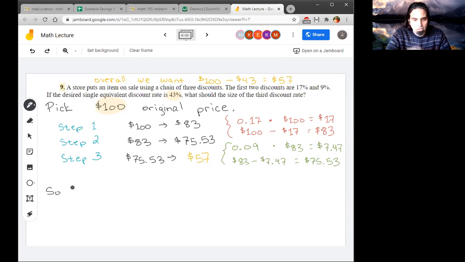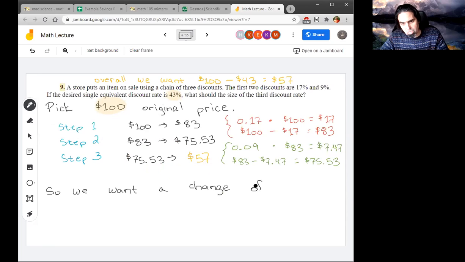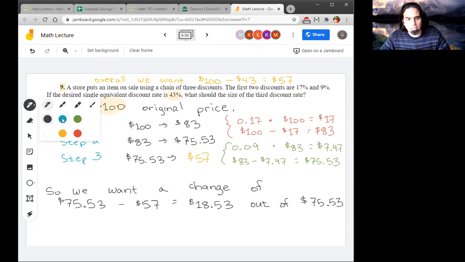So we want a change of $18.53 out of that 75.53.